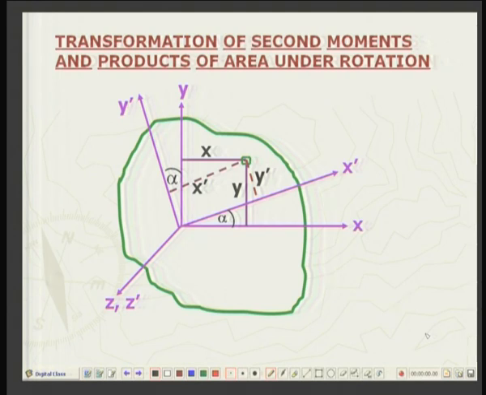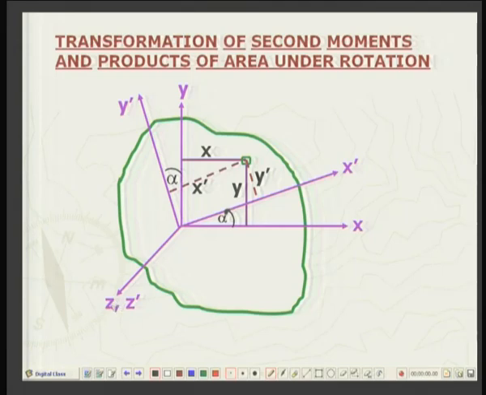For example, in this picture we can see that the axes x, y, z are given and a new set of axes is also given, which is x dash, y dash and z dash. The new set is obtained from the old set of axes by rotation through an angle alpha as shown here about z axis.